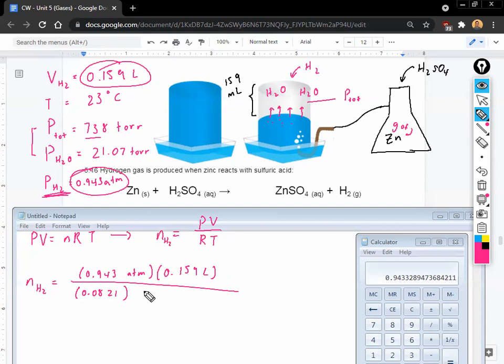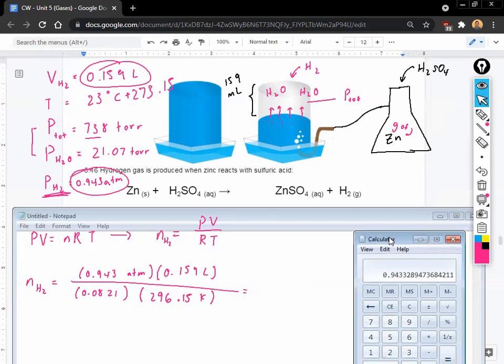I think it's like 8 point something or whatever. And then for the temperature, you have 23 degrees Celsius. You just need to make sure you add that to 273.15 in order to turn that into Kelvin. So that's 296.15 Kelvin.